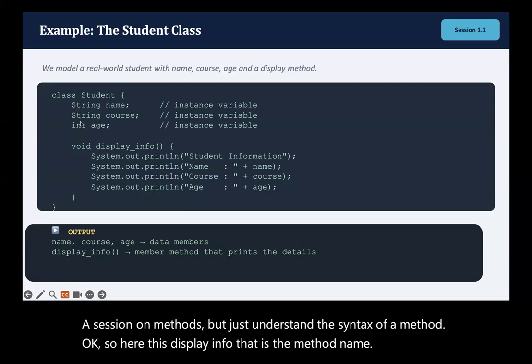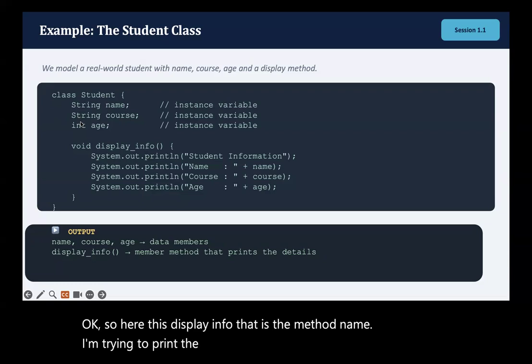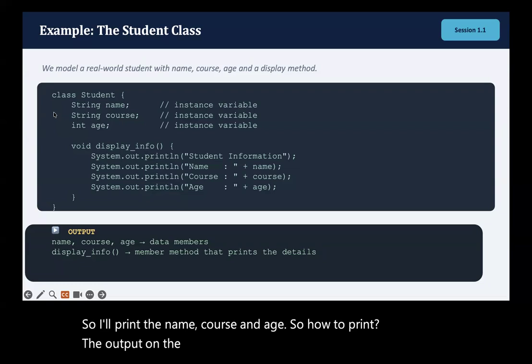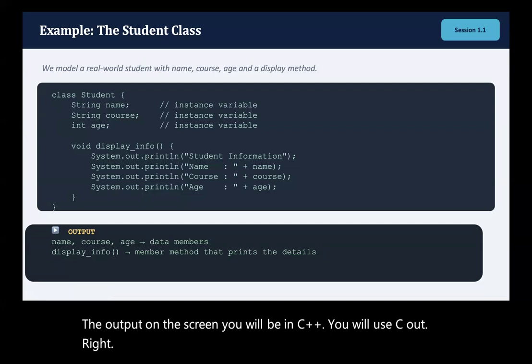I'm trying to print the student details, so I'll print the name, course, and age. How do we print output on the screen? In C++ you use cout, right? In Java, we use system.out.println.